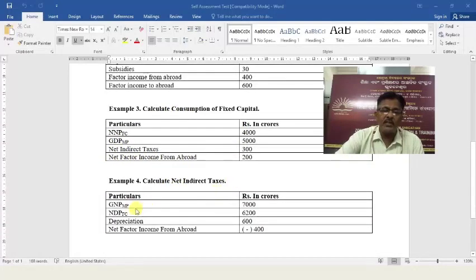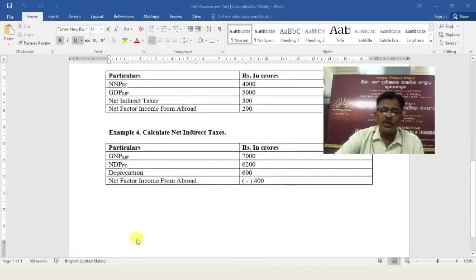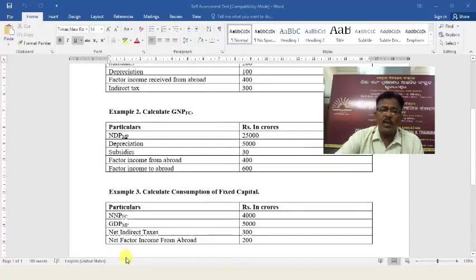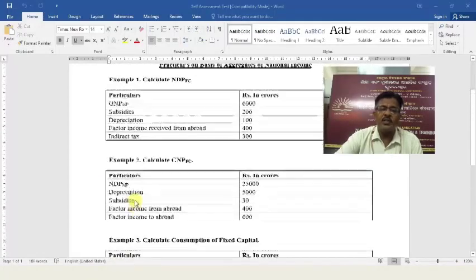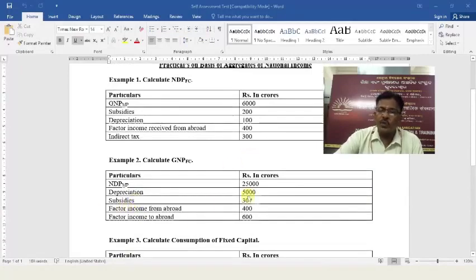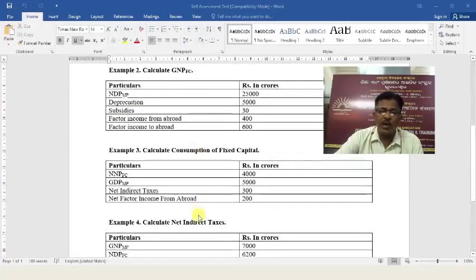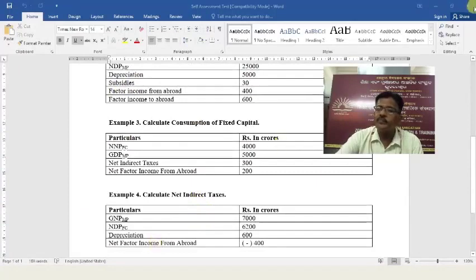Calculate net indirect tax. GNP at market price is given, NDP at factor cost is given, depreciation is given, net factor income from abroad is given. I hope you have noted these and worked them out, so you can verify whether you are correct or not.